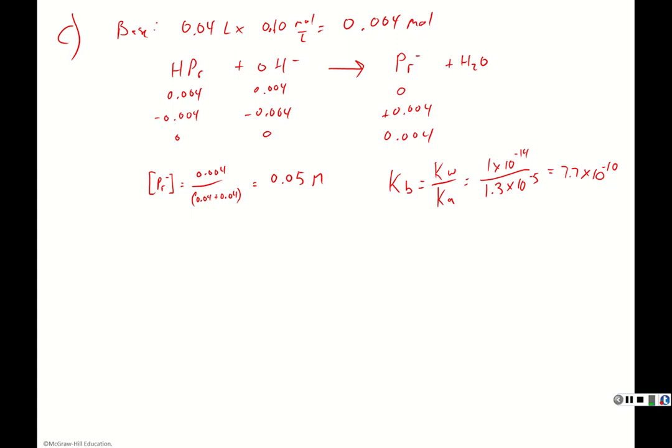So we have Kb, and we have the concentration of the conjugate base. Now we can calculate our H3O+ concentration. The equation we were given on the previous slides to do this was Kw divided by the square root of Kb times the concentration of conjugate base.